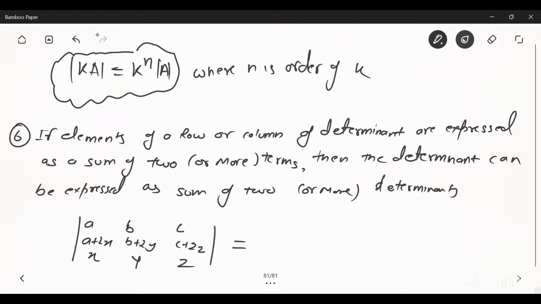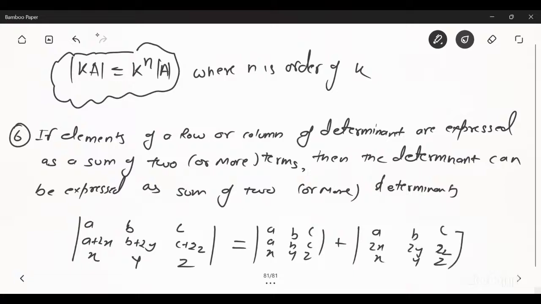You can write it as the sum of two determinants: a x, b y, c z, plus a 2x, b 2y, c 2z. So this property says that a determinant can be expressed as a sum of two or more terms if all the elements of a row or any column can be expressed as the sum of two.